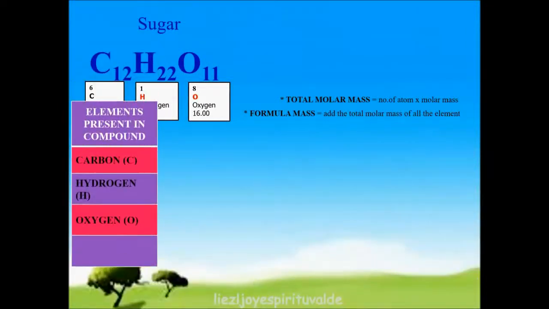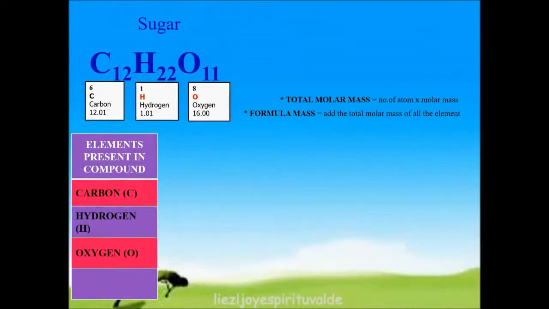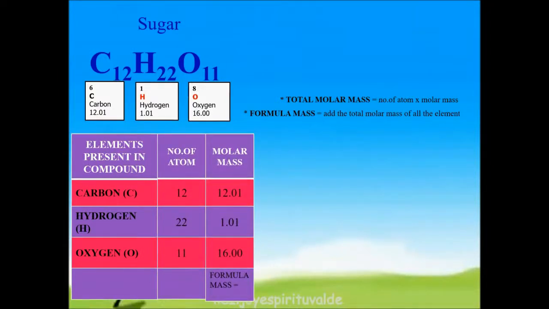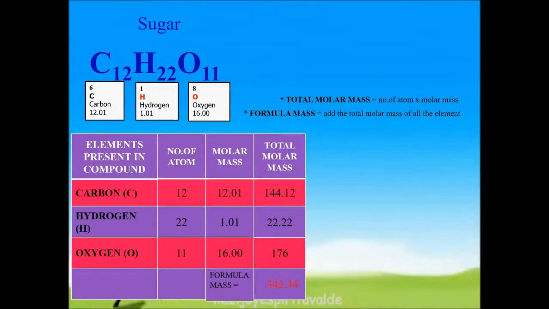In the first column, we have the different elements present in sugar. In the second and third column, the number of atoms of each element and its corresponding molar mass. For the fourth column, we will get the total molar mass by multiplying the number of atoms and its molar mass.